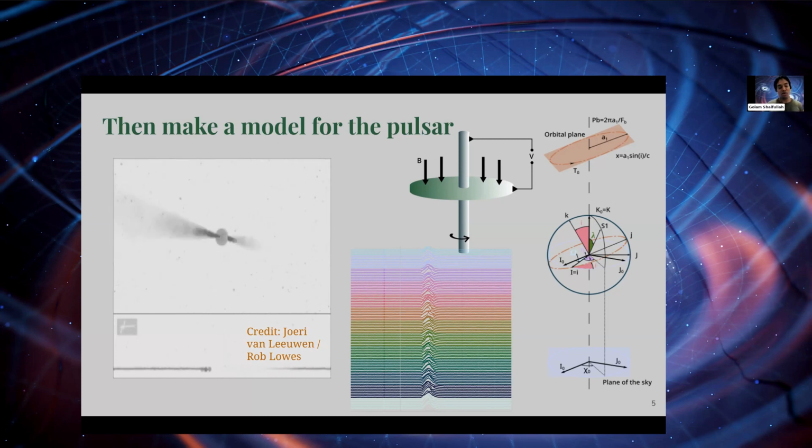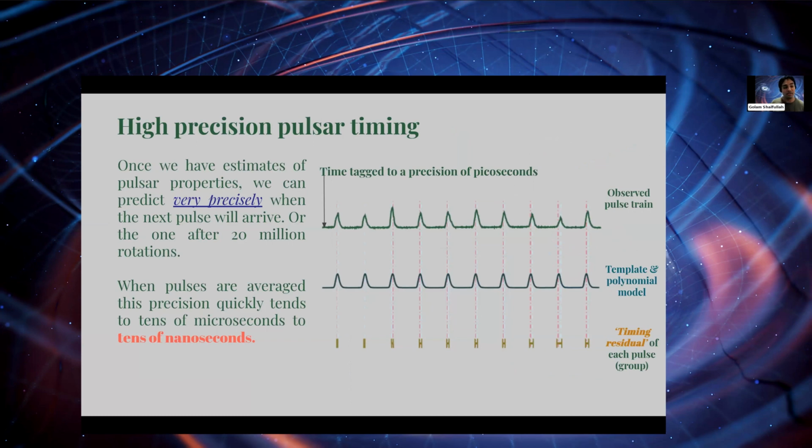You would then need to model the properties of the binary, including the separation, the binary period, and other things such as some sense of the 3D geometry, as in projection on the plane of the sky. These models exist, and when we have enough data, it becomes a very interesting thing to do pulsar timing, because we can make very, very precise estimates of all of these parameters.